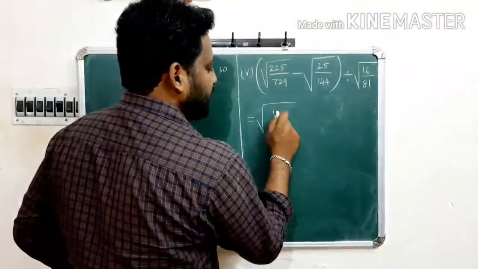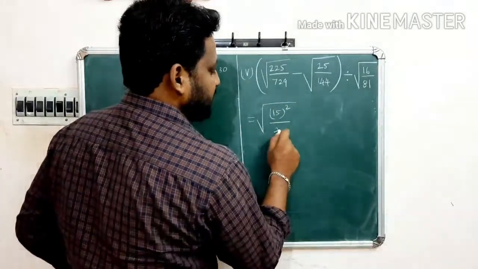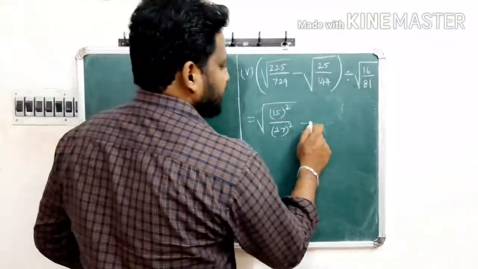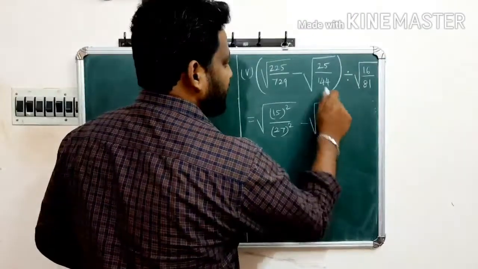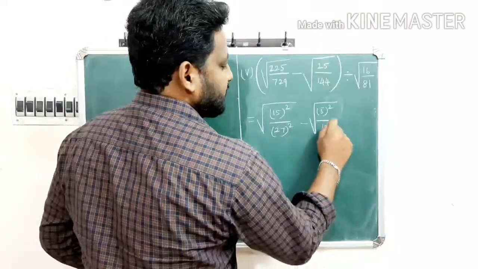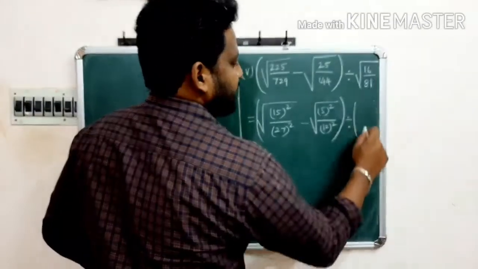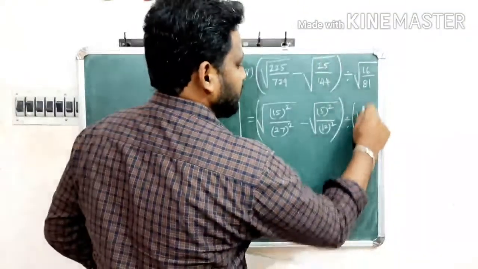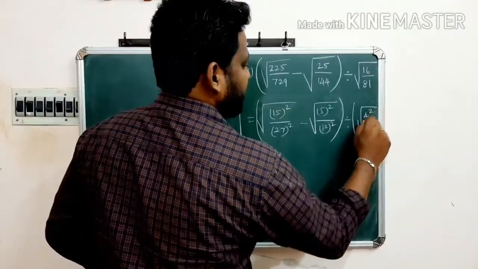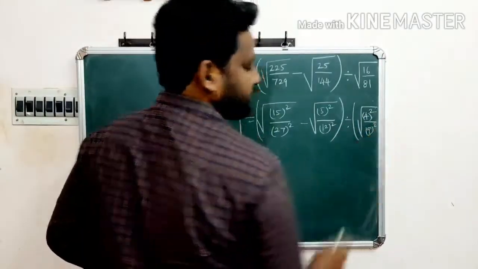225 is the perfect square of 15, which is 15 square, divided by 729 is the perfect square of 27, 27 into 27, which is equal to 729, minus square root of 25 is 5 square, divided by 144 is 12 square. The whole divided by 16 is 4 square, and then 81 is 9 square.